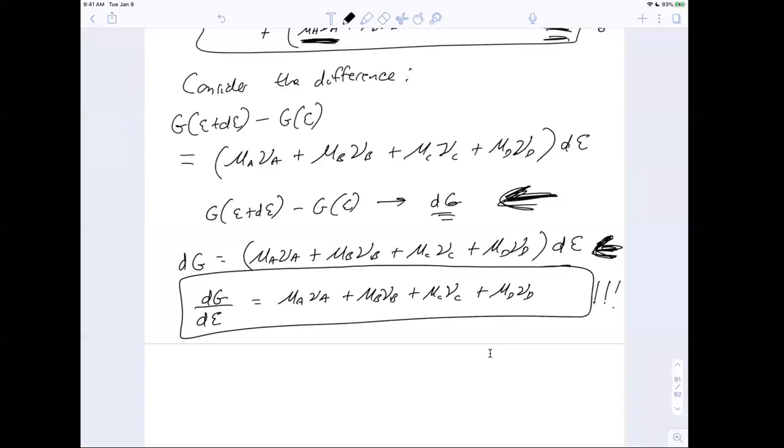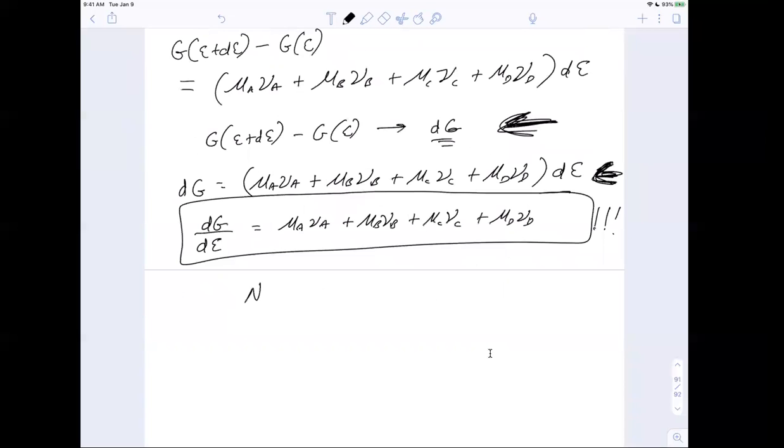And that's pretty amazing, that we have dG/d epsilon as that summation. And we know now that dG/d epsilon is equal to 0 when we have equilibrium and we have stability in our system.